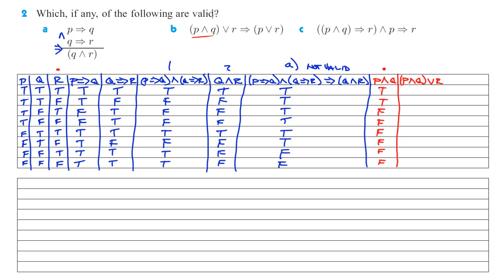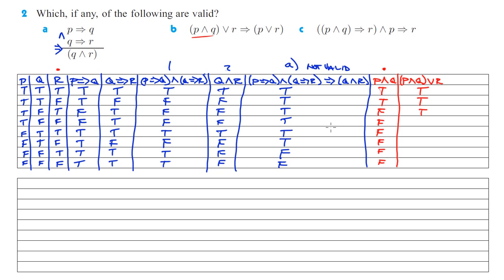Okay, so again, it's or, so all we have to do is have one of the two of them be true. So we've got true, true, so that's true. We got false, true, so that's true. We have true, false, which is true. False, false. Let's see, the rest of these down here are all falses. So let's see what we got going on over here. It's basically going to be whatever these are.